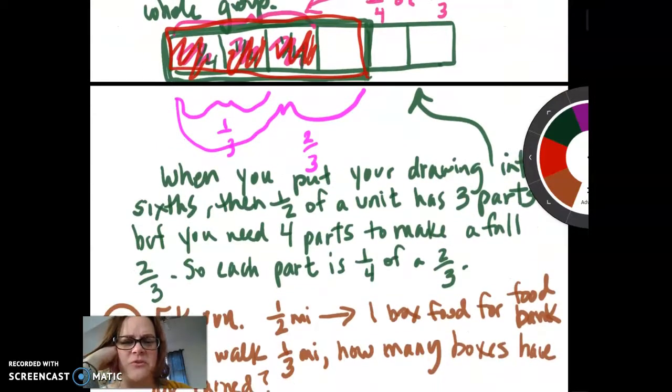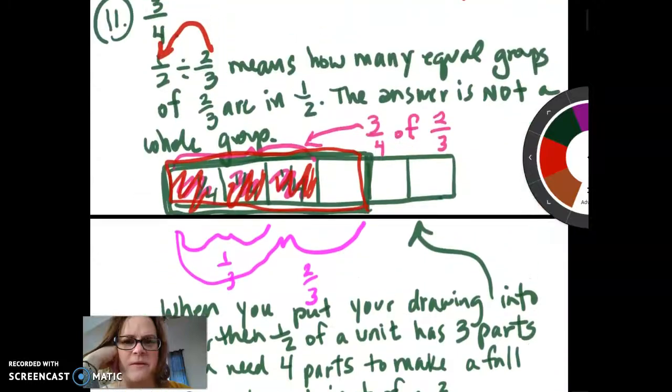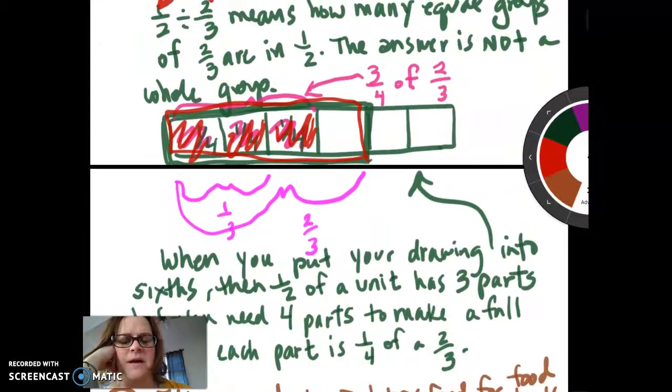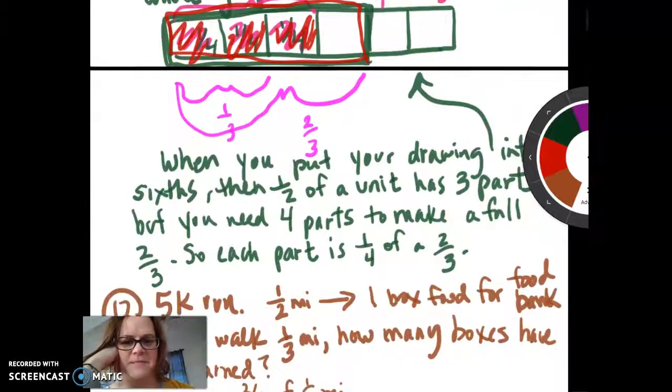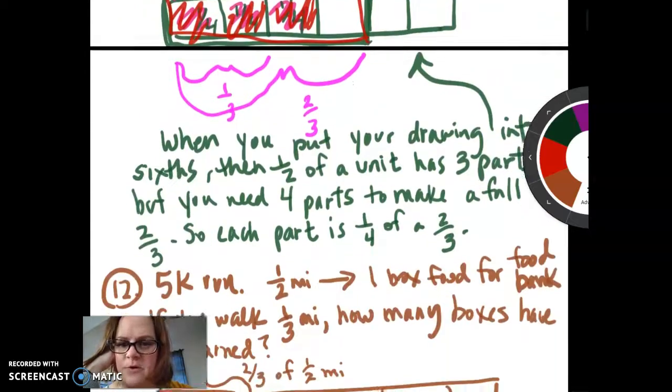All right, so when you put your drawing like this into sixths, then a half of the unit has 3 parts, but you need 4 parts to make that full 2/3. And so each part is just a fourth, and you need 3 of them then. So that's where we come up with our 3/4. How many 2/3 are in a half? Well, 3/4 of a 2/3 is in a half. Definitely confusing, but hopefully the drawing will help reinforce that.